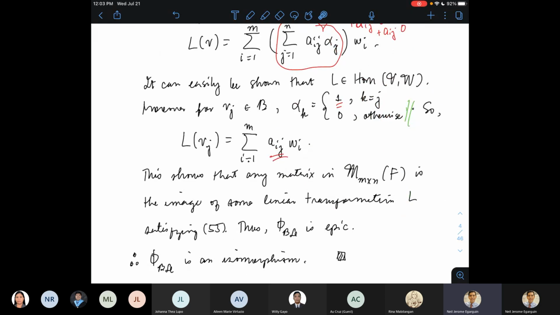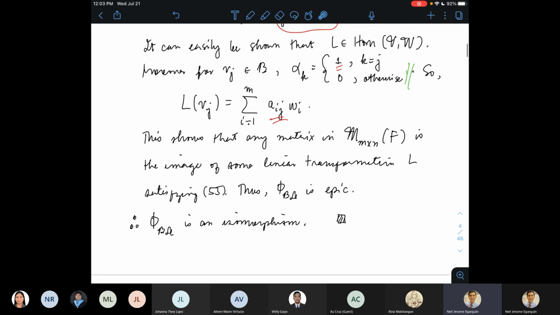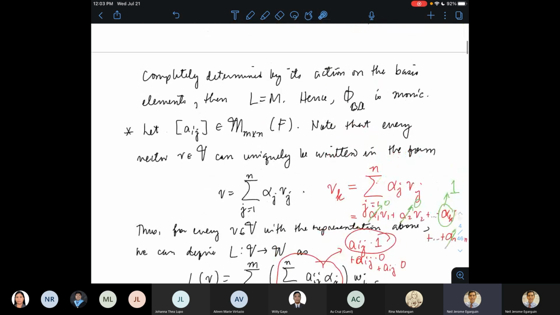And so that proves that the range of the linear map phi is equal to indeed the set of all m by n matrices over F. Okay. Okay, that is epic. That is monic.